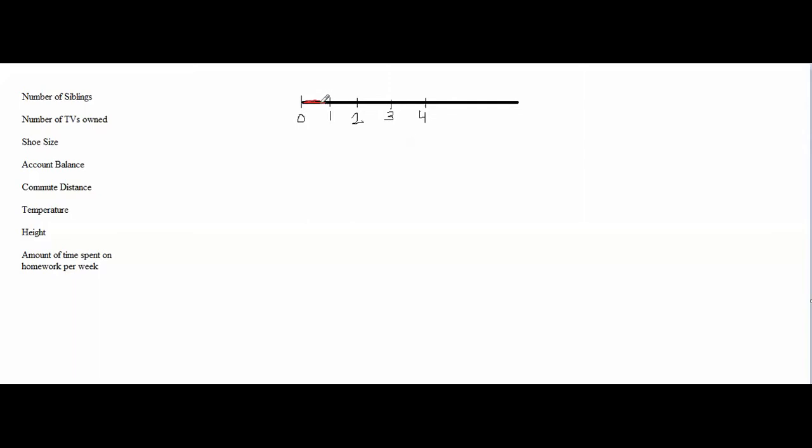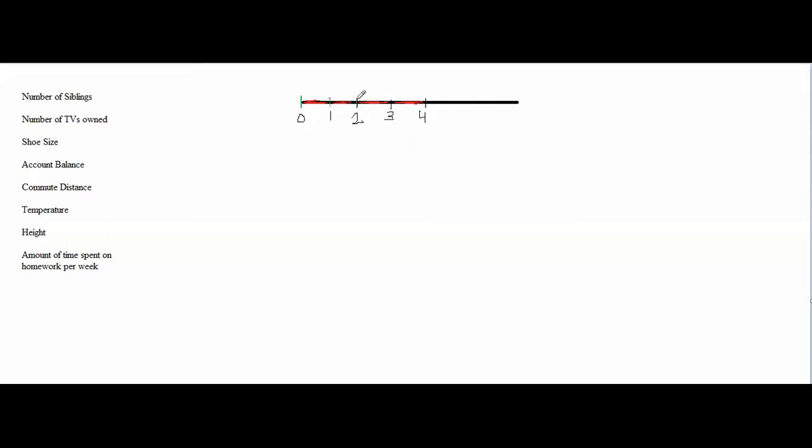So the areas that I'm marking in red are where there can never be any values. But we can have values here. A person can have 0 siblings. A person can have 1 sibling or 2 or 3 siblings.